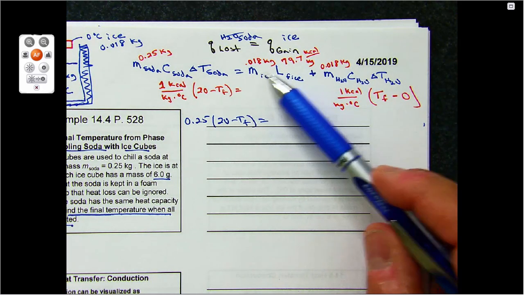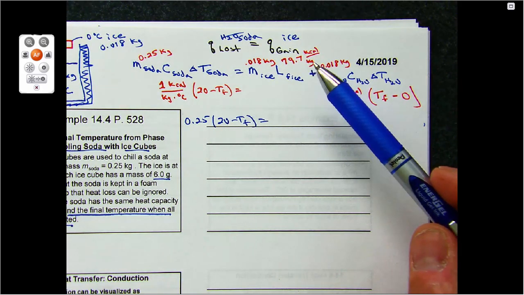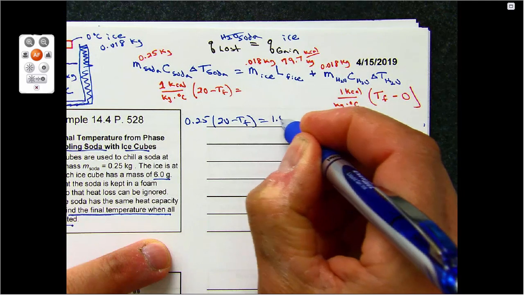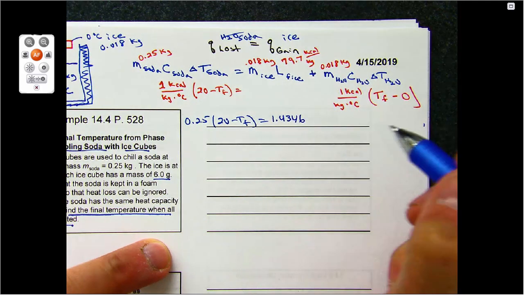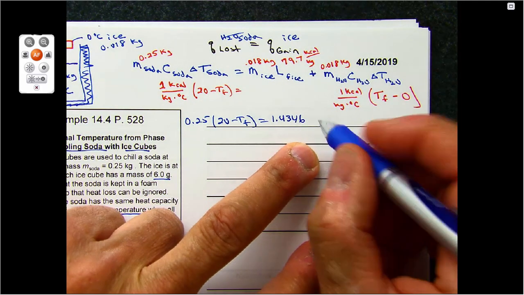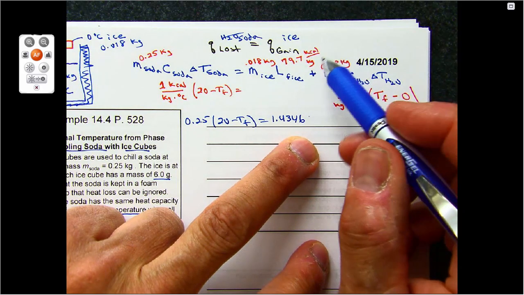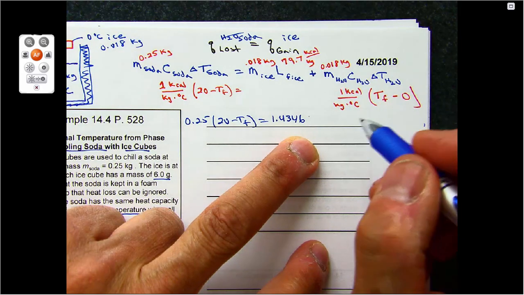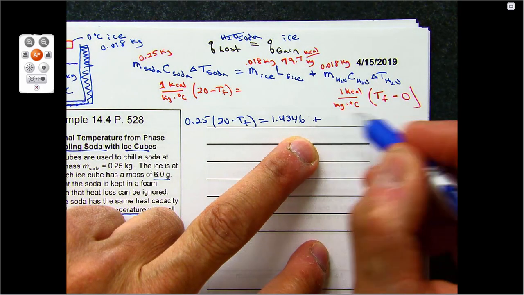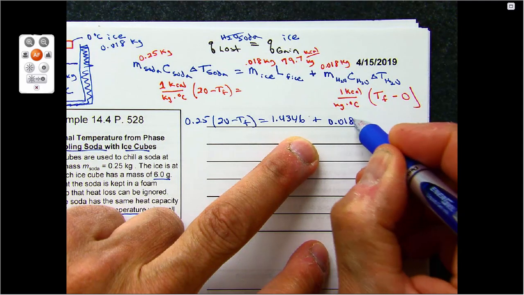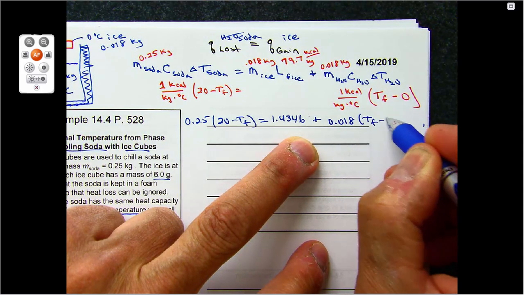What's 0.018 times 79.7? 1.4346, and that's in kilocalories for units, but we should be all right. Yep, kilocalories. Plus 0.018 T final minus 0.